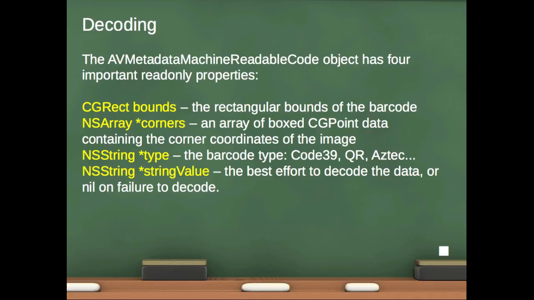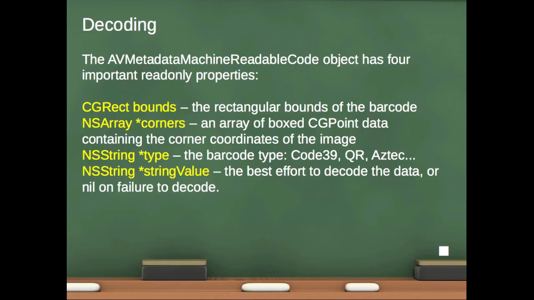And then, lastly, and probably most importantly, is the string value, which is the best effort to decode the barcode data. Now, if that barcode data is degraded in some way, or the barcode itself is physically unreadable, this is going to return nil if it fails to decode it.